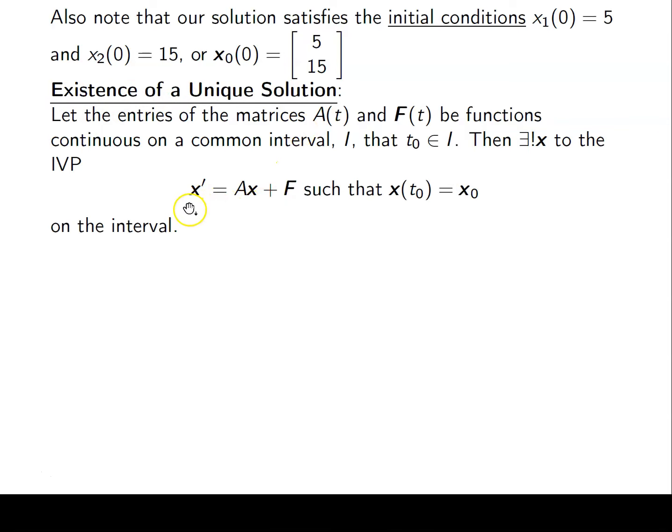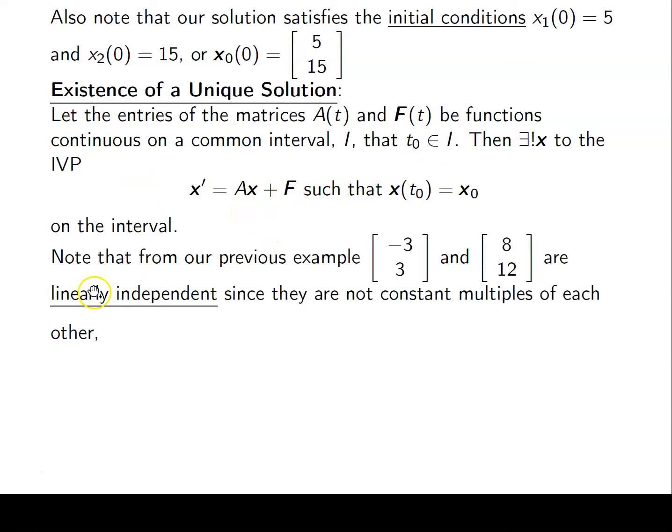Okay. So x prime equals Ax plus f such that x at t naught equals some initial vector, right, on my interval. So basically, as long as it shows a common interval and that common interval houses my initial point, then there will be a unique solution to that IVP of system of equations.